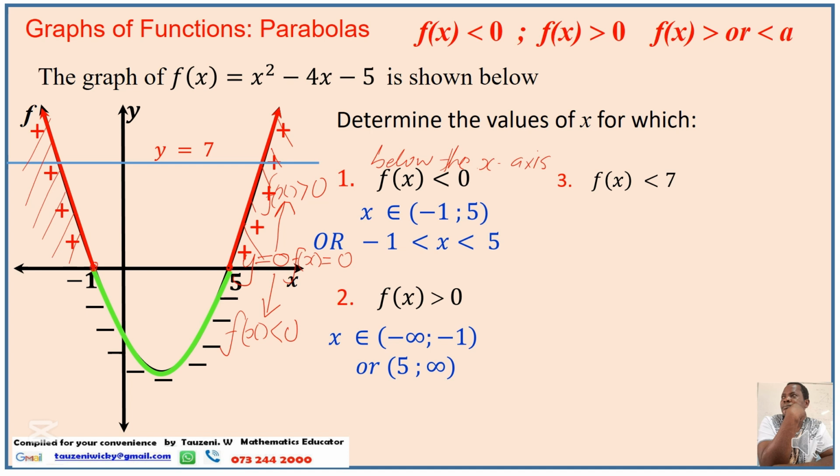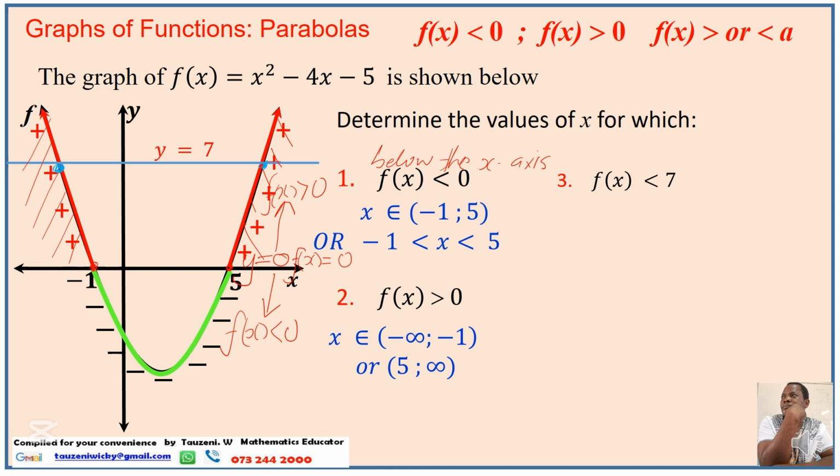If we say f of x is below 7, f of x is less than 7, it means on this graph, which part of the graph is below the line y is equal to 7? That part, that region is less than 7.